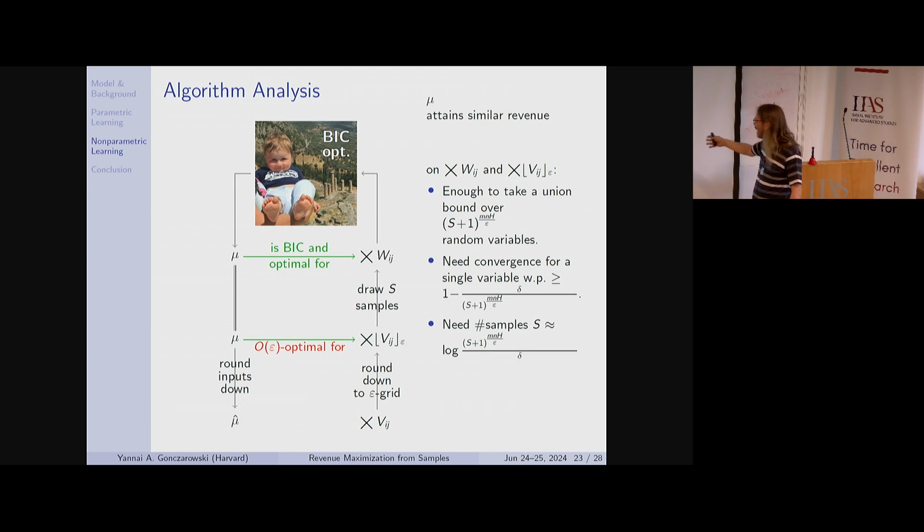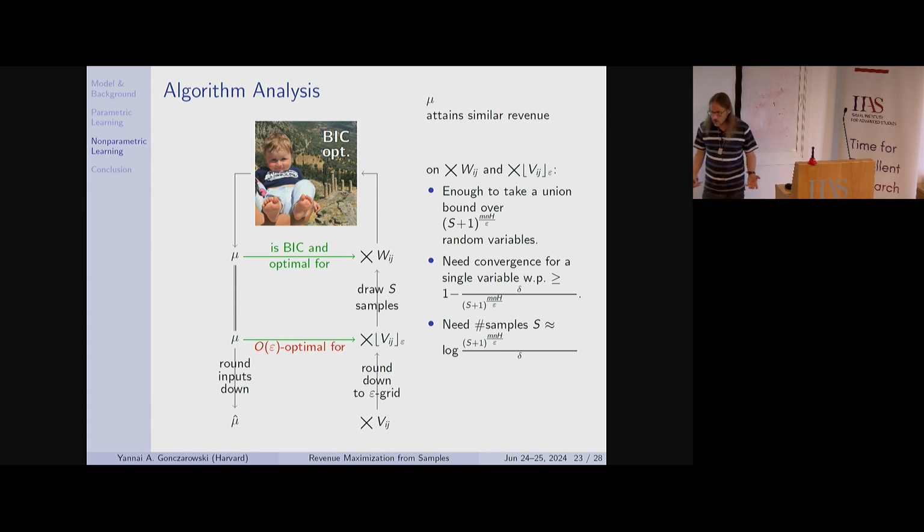I'm hiding some factors here. So this is kind of weird, right? The error that we want shrinks as we take more and more samples. Okay, so we need more samples as we take more and more samples.